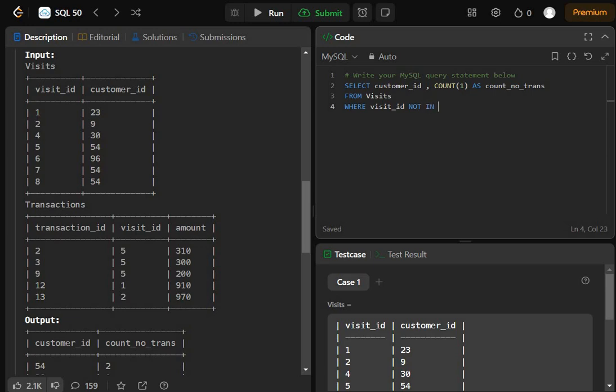Okay, so whenever we have to check if some data is not present in the database, or some data is not present in the column, we use this not in. Okay, so where this visit ID not in. Now we are writing the subquery. So this query will give us the visit ID of the transaction table.